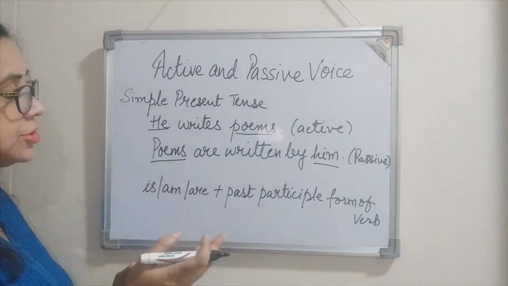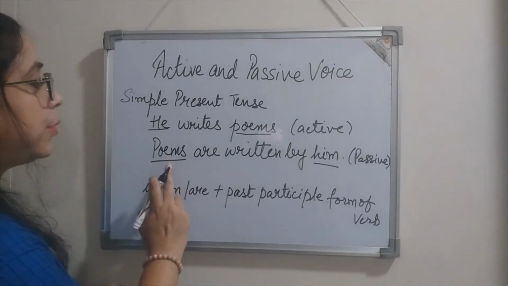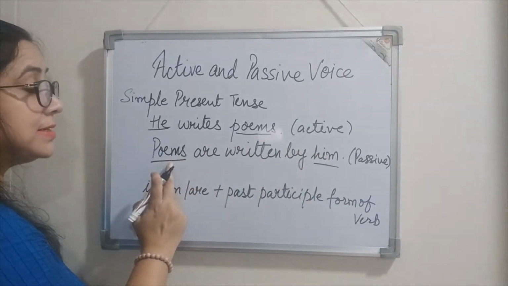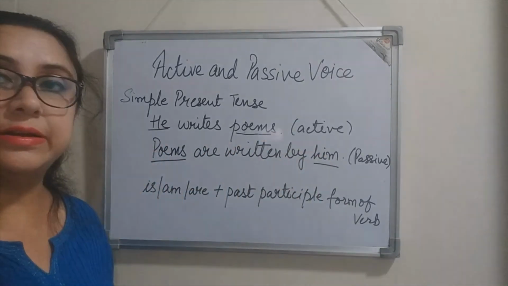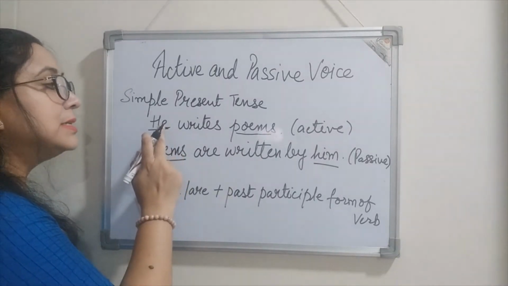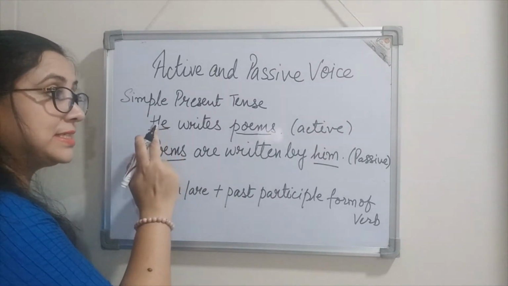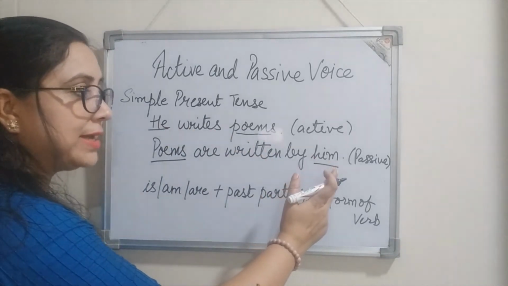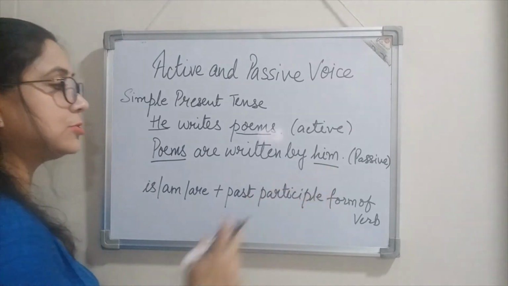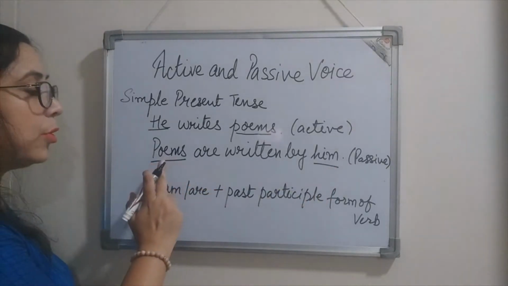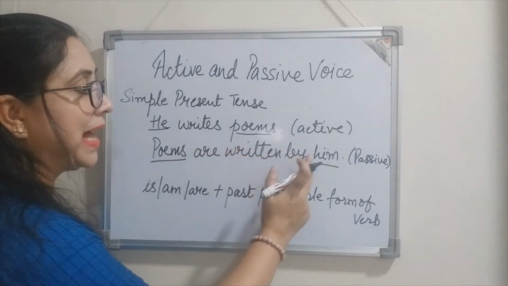Now when changed into passive voice: poems are written by him. So poems, the receiver, becomes the subject of the sentence, and the performer, who's the subject of active voice, becomes the object of passive voice. So the sentence in passive voice will be: poems are written by him.